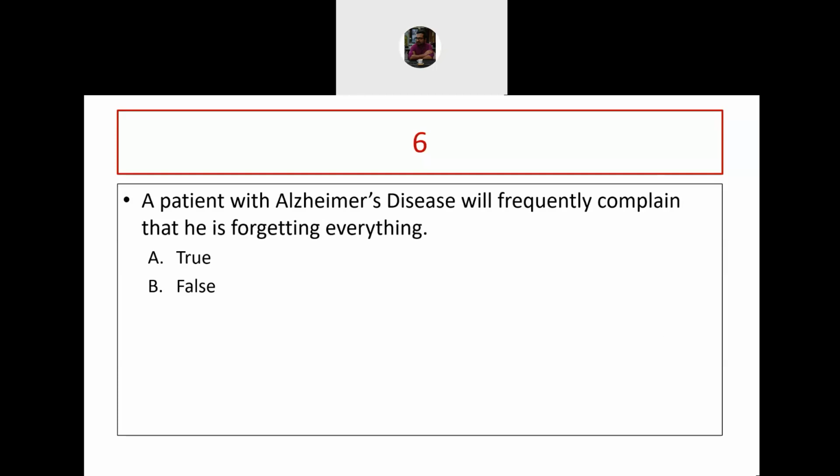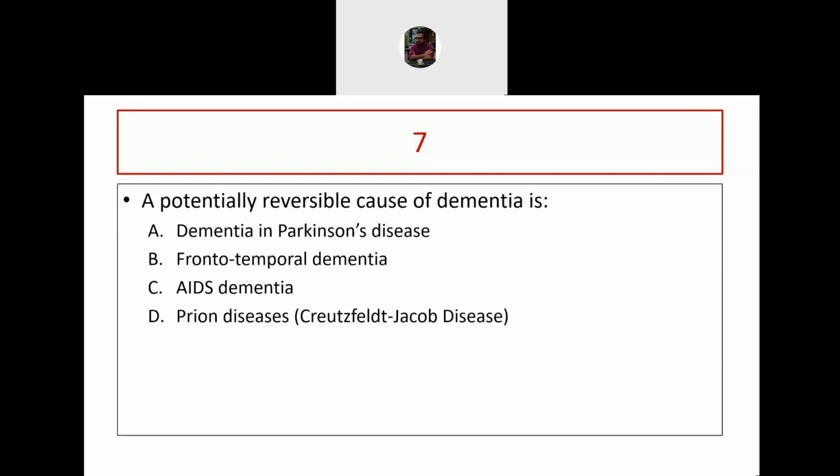Very good. The answer is false. Next question. A potentially reversible cause of dementia is? Wonderful. The answer is AIDS dementia.